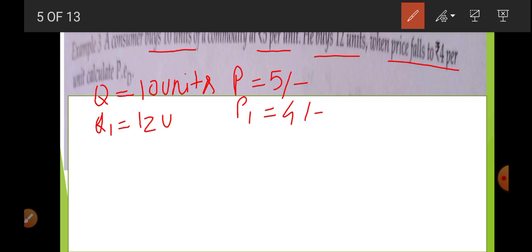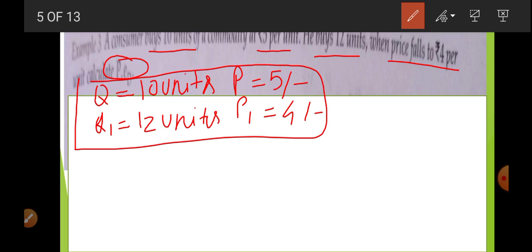Okay student, now we have to calculate the price elasticity when this much data is given. What equation are we going to use?